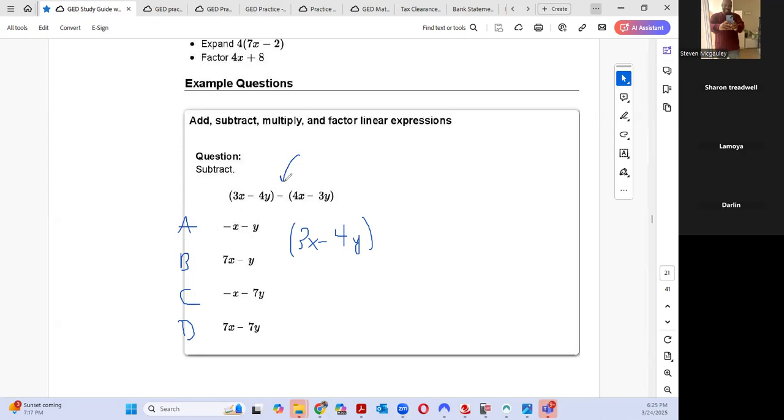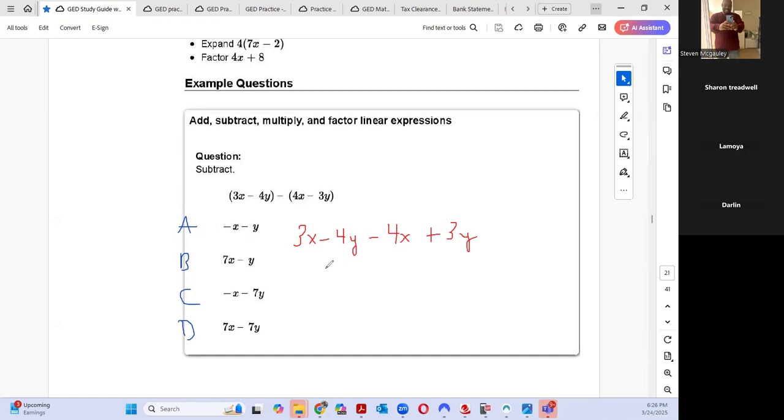This negative right here, you see a negative outside the parentheses, you change everything inside. So this actually becomes, I'm going to change my color to red, 3x minus 4y minus 4x plus 3y. That's why I asked you, was it a negative outside?